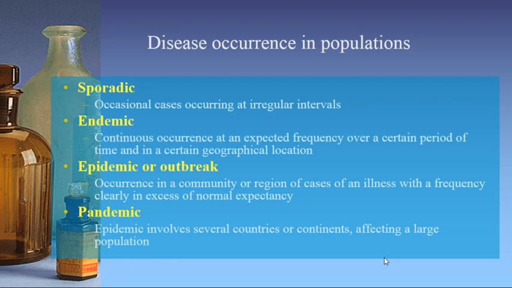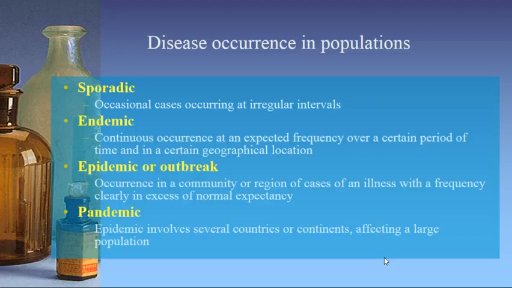Okay, so when we talk about disease occurrence, some diseases are sporadic. That means you get occasional cases. They're pretty irregular, not very common. Endemic, we already defined. This is something that's just in the population at some expected frequency. Basically, it's there very predictably and continuously.